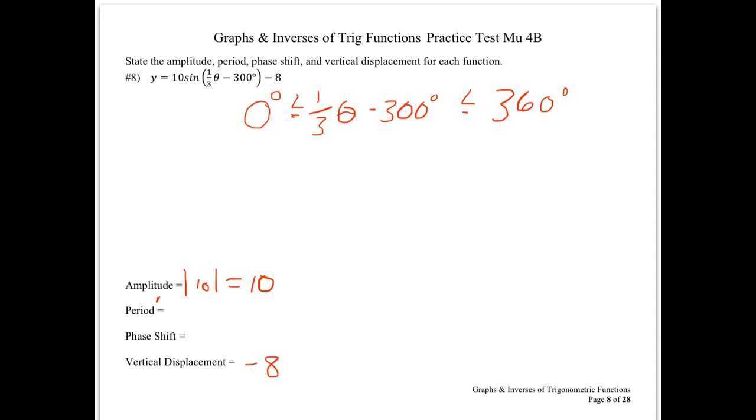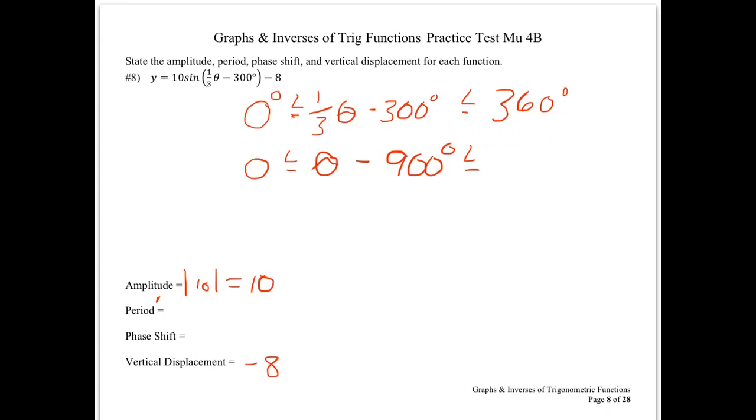Trying to get theta by itself, I'm going to multiply each term by 3 to get rid of this dividing by 3. So I do times 3 times 0, and I get 0. 1/3 times 3 is 1. 300 times 3 is 900.